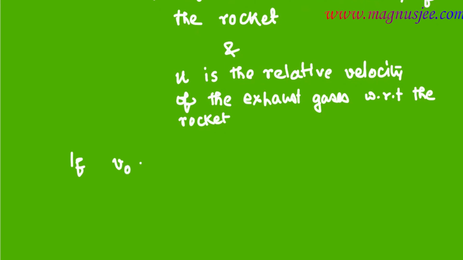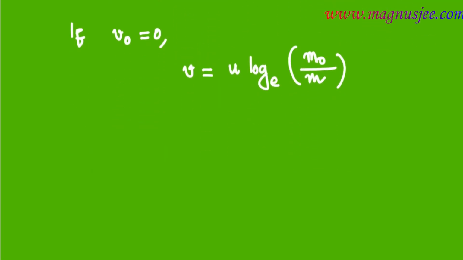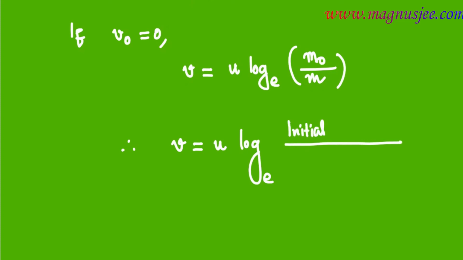If v0 equals 0, that means the rocket starts its motion from rest. In that case, v equal to u log base e m0 by m. Therefore, v equal u log base e initial mass by final mass, that is, initial mass of the rocket divided by final mass of the rocket.